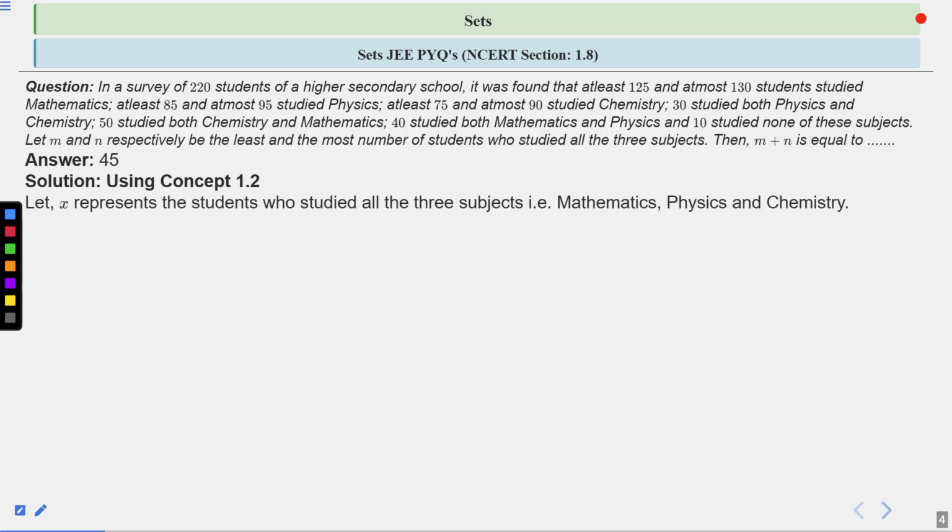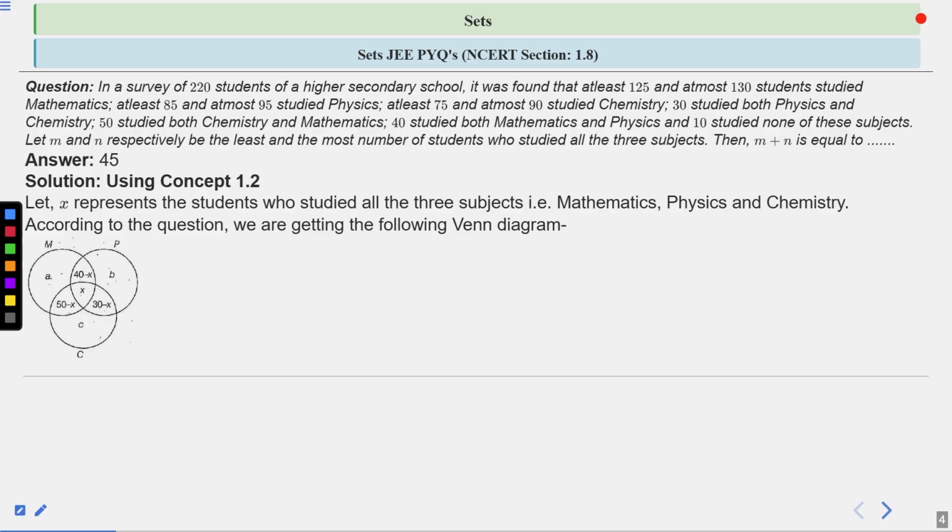So simply we are representing the number of students who studied all the three subjects by this x. Okay, so x represents the number of students who studied all the three subjects, meaning physics, chemistry, math. So according to the question, we can get a rough idea about the Venn diagram.